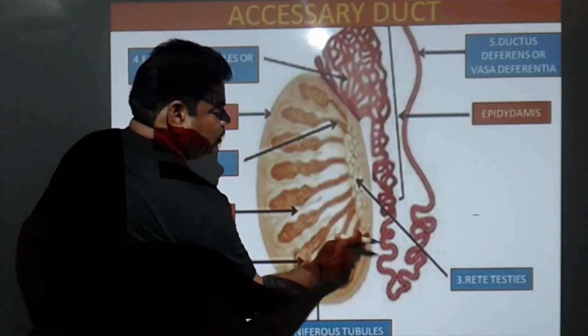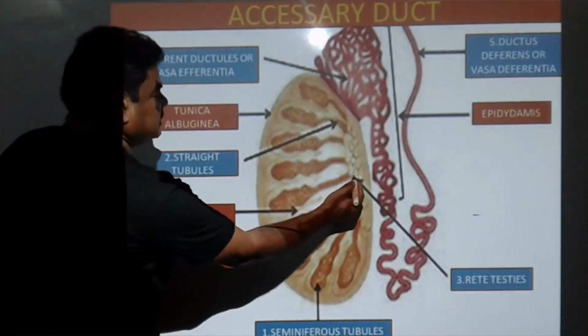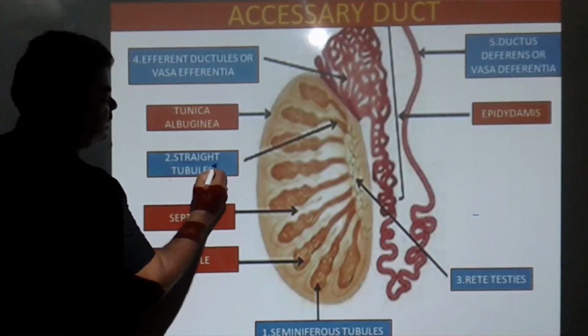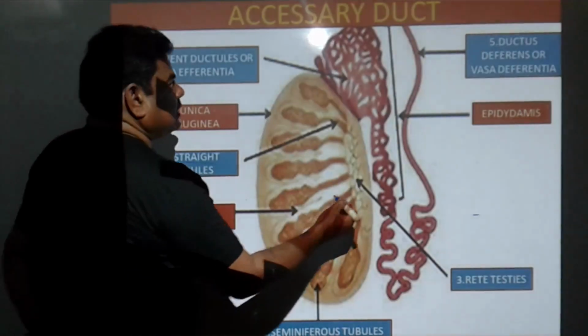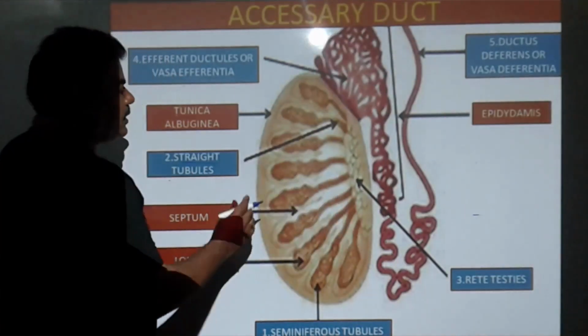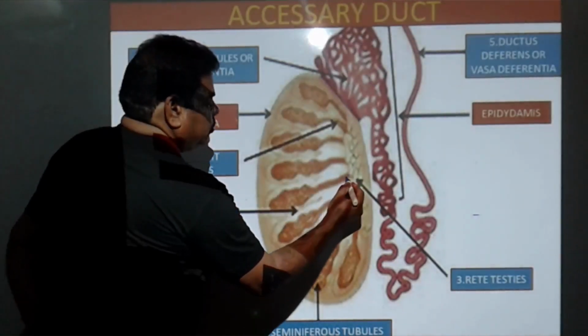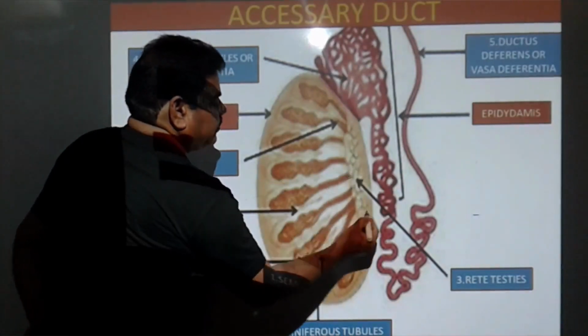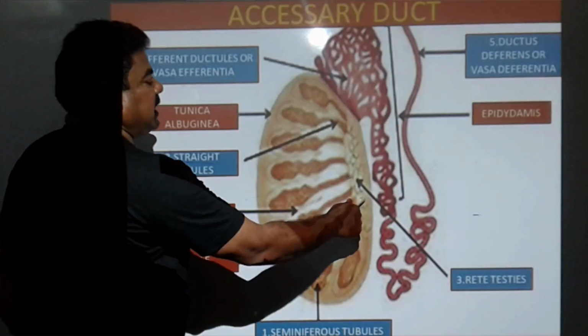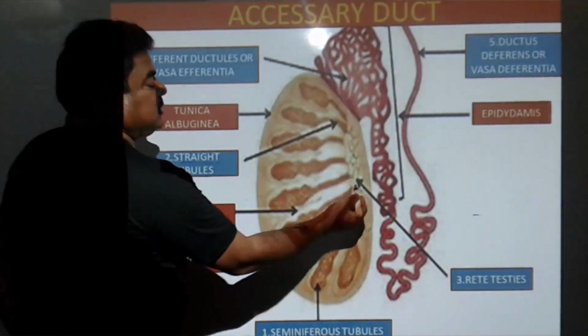The second is the straight tubules, the second accessory duct in the male reproductive system. These straight tubes emerge here in this portion, which we call the rete testis.